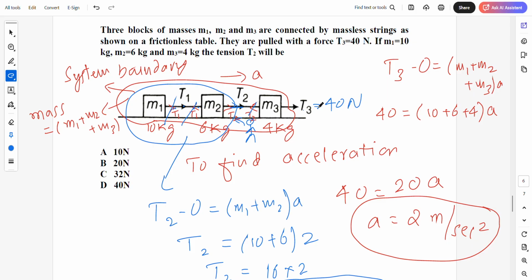T3 minus nothing is equal to M1 plus M2 plus M3 into A. Now, if I take M1 and M2 together as the system boundary, two masses are there. The driving force is the external force. T1 gets cancelled. T2 minus 0 is equal to M1 plus M2 into A.